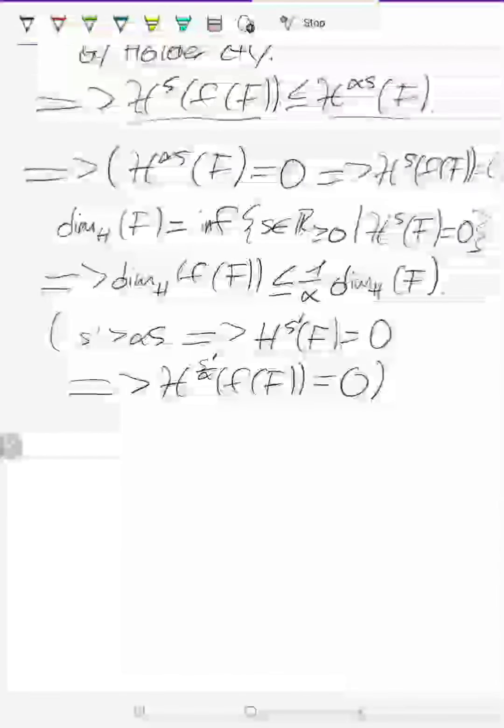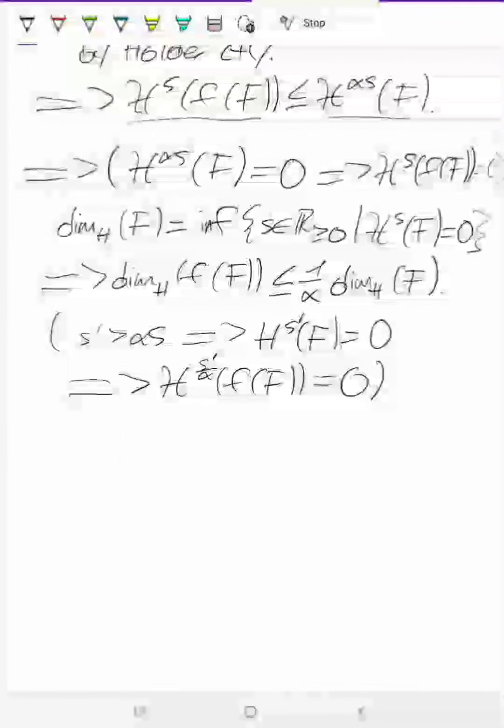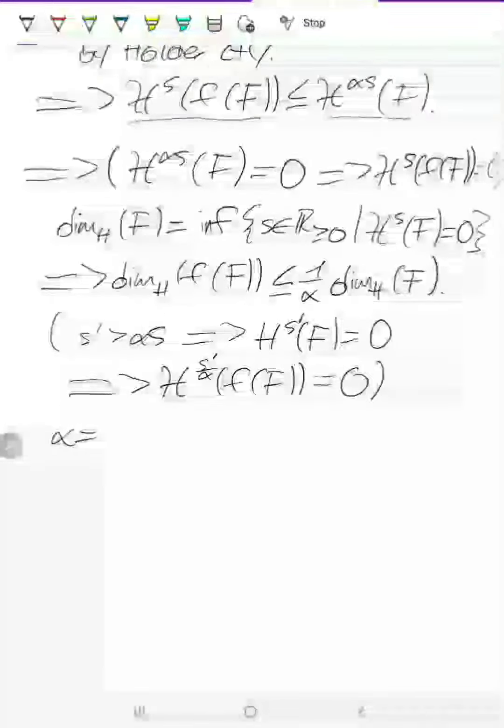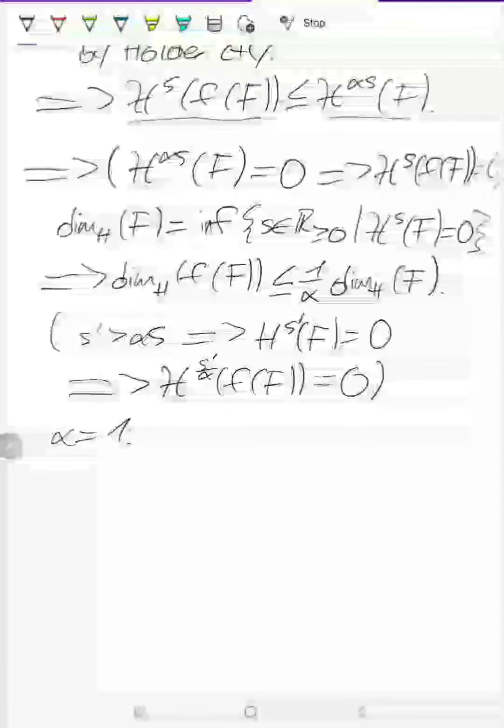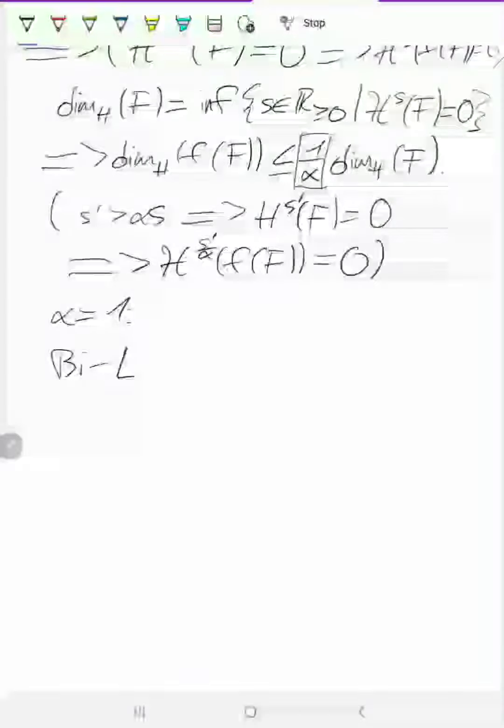Okay, and now if we set alpha to be 1, then of course we get this inequality with a 1 here. So that's why the Lipschitz case is especially important. And now we can look at bi-Lipschitz maps.